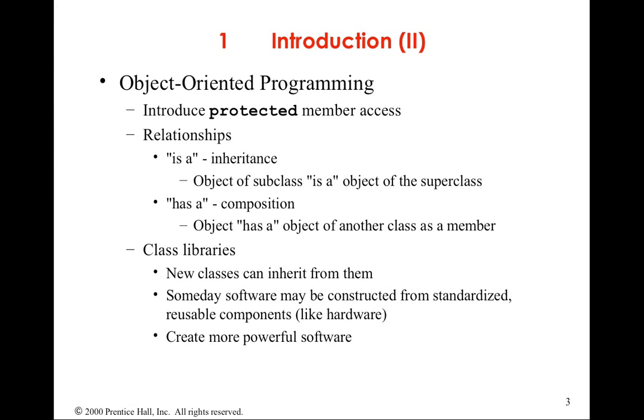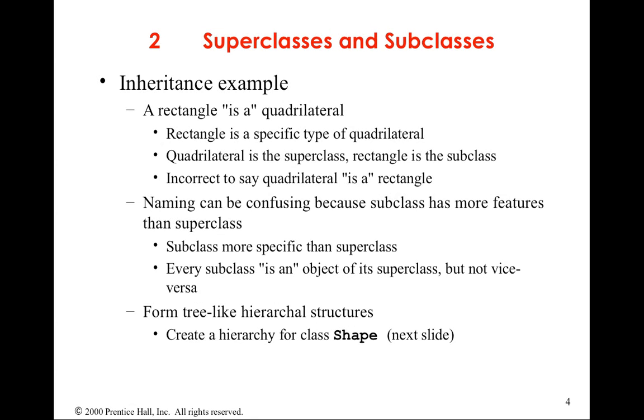And so when we make a linked list, it's a list, and it's a collection, and it's a this, and it's a that, and it goes all the way back to object. So in terms of someday software that might be constructed from standardized, reusable components like hardware, which is pretty much the goal in terms of the inheritance and the class libraries. So creating more powerful software is essentially the goal with that.